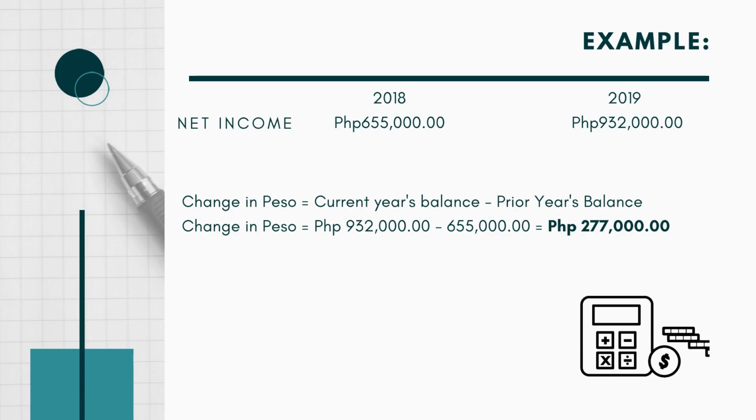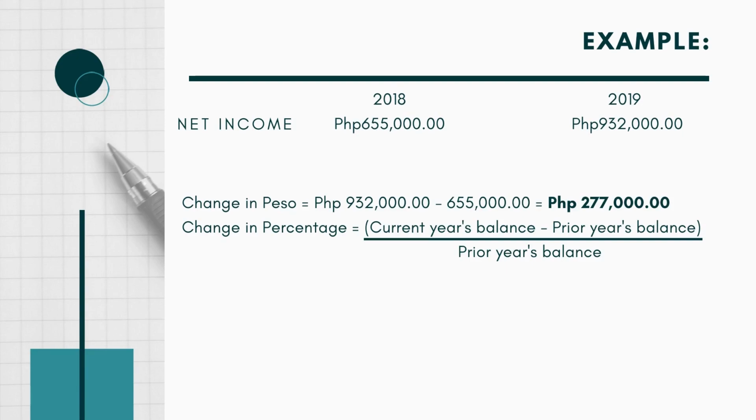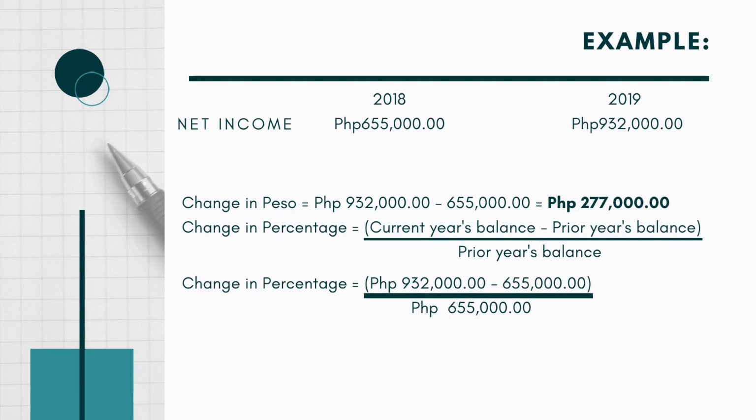Then next, para makuha naman ang change in percentage, we will subtract 932,000 by 655,000. Ang sagot ay 277,000. At syempre, hindi pa diyan matatapos. I-divide pa natin ang nakuhang sagot sa prior year's balance, which is yung 655,000.